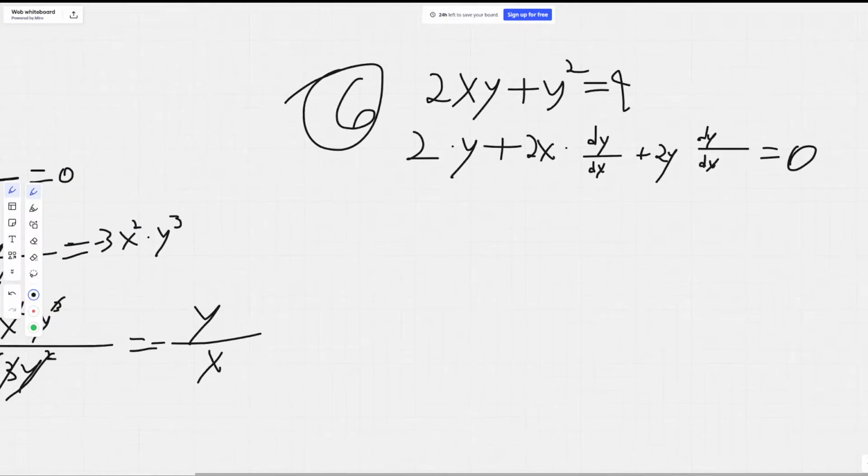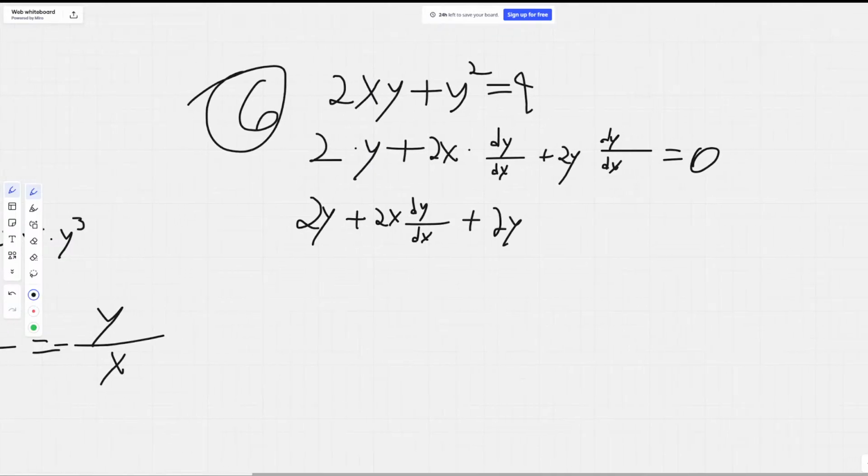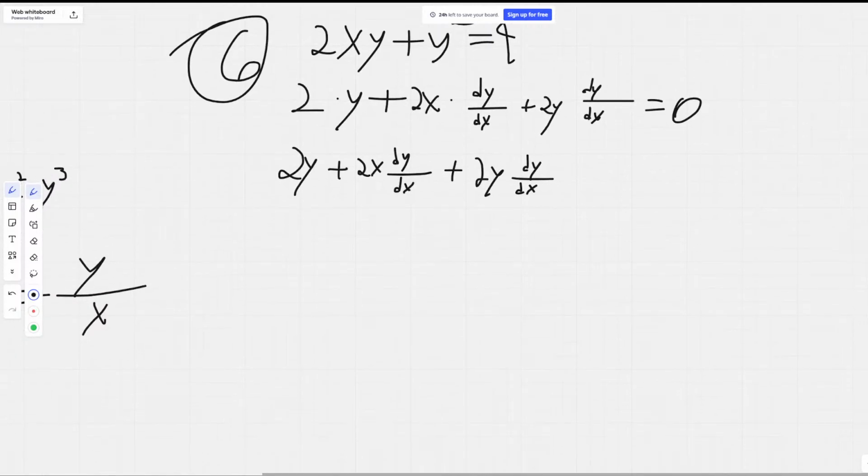And to make it simpler, we'll put it all together. And then we'll start this out. 2y dy over dx equals 0.